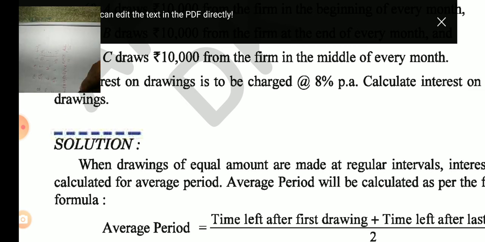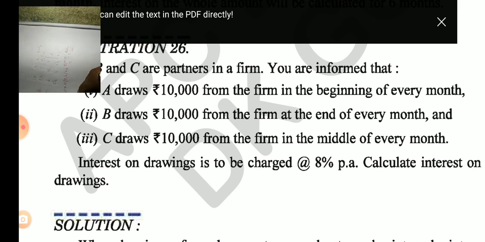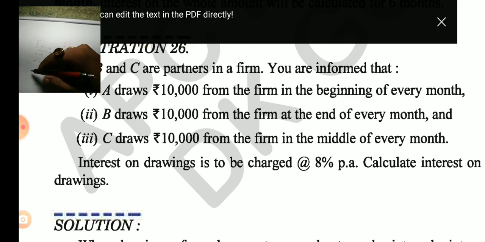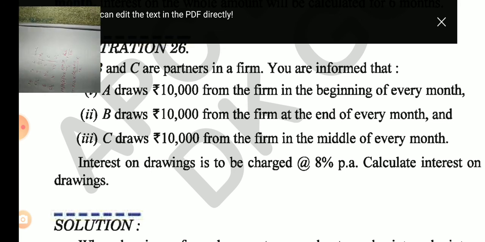So beginning of every month amount is 10,000. 12 month is 12 into, 12 month beginning 6.5, so 6.5 upon 12 into rate 8 upon 100. Okay, 12 cut, and on the basis of this we can easily calculate this again.